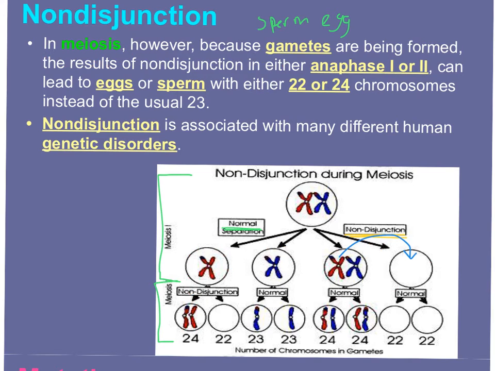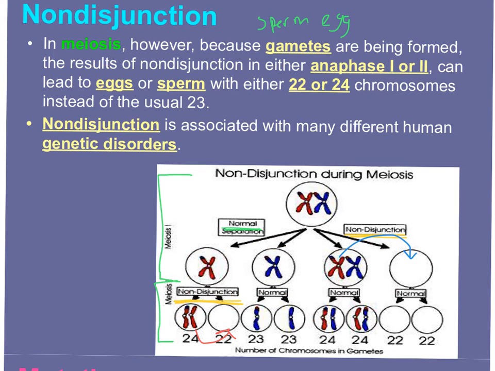Then, once it divides again, this one will divide into this and this, and that's a problem, because we have a cell that is missing a chromosome that it should have. So that's non-disjunction, and we should have that chromosome in there, but it's not.